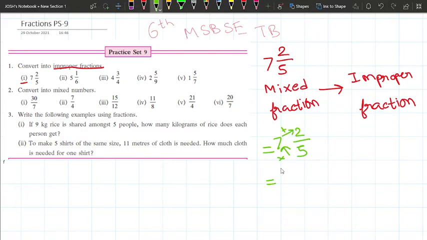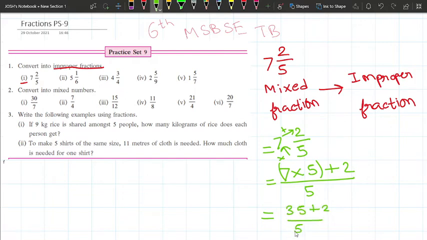So we write 7 multiplied by 5 plus 2, and the denominator will remain as it is, that is 5. So it will be 35 plus 2 divided by 5, which is 37 by 5. So 37 by 5 will be your answer.